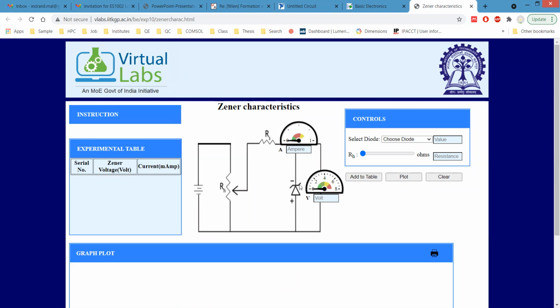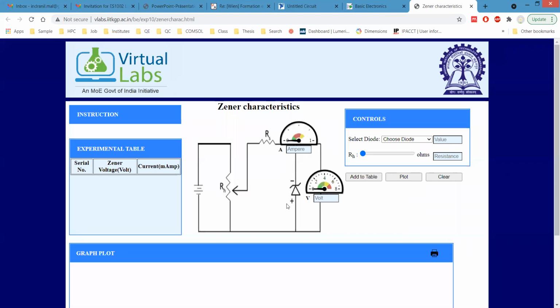In case of a normal diode, it is a straight line, but in case of a Zener diode, it will be like this. And the electrode notation is quite similar to that of a normal PN junction diode. This side is the P side and this is the N side, or anode and cathode, you can say.